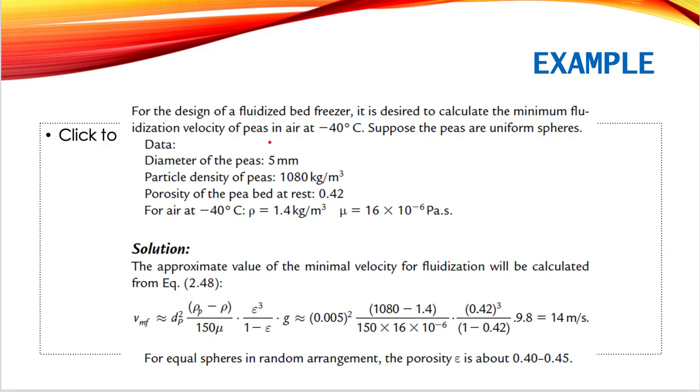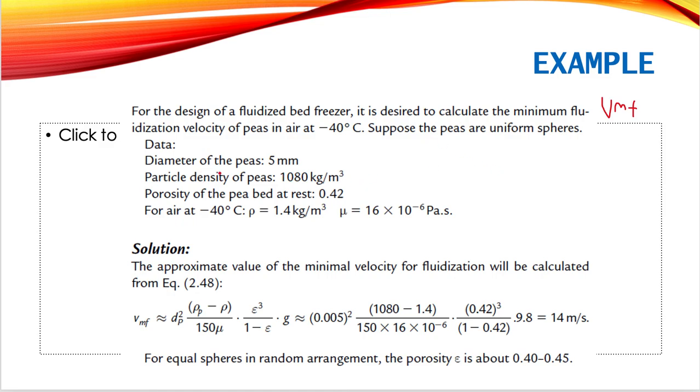This is an example of a situation to show how fluidization can be calculated. For the design of a fluidized bed freezer, it is desired to calculate the minimum fluidization velocity, Vmf, of peas in air at negative 40 degrees Celsius. And suppose the peas are uniform spheres.